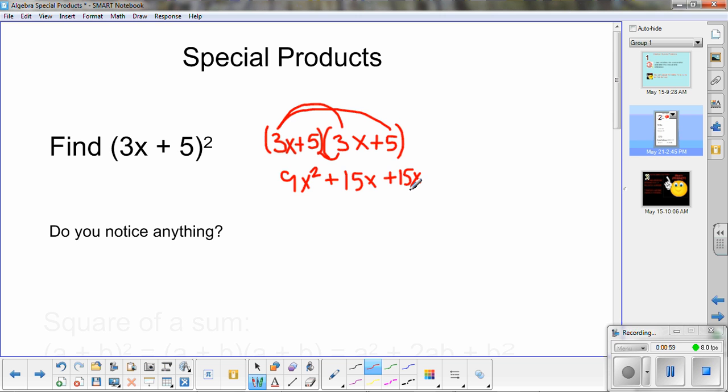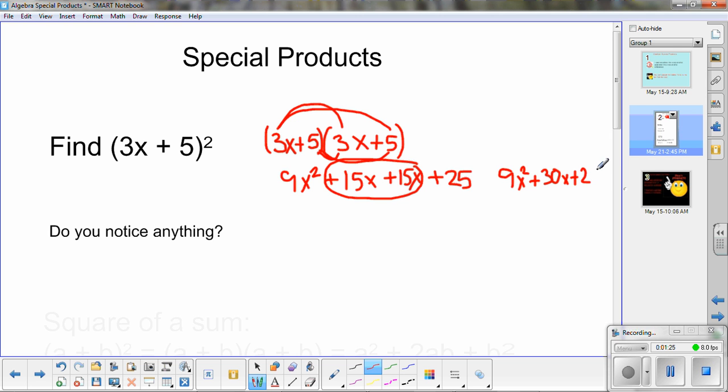And then the last, 5 times 5 is 25. Now if we combine like terms, you end up with 9x squared plus 30x plus 25.